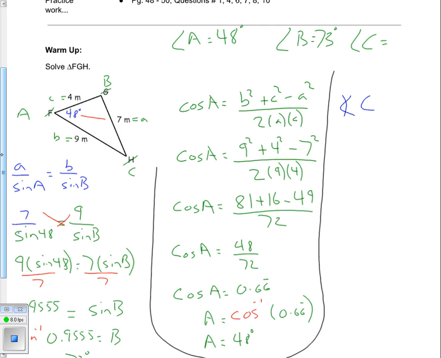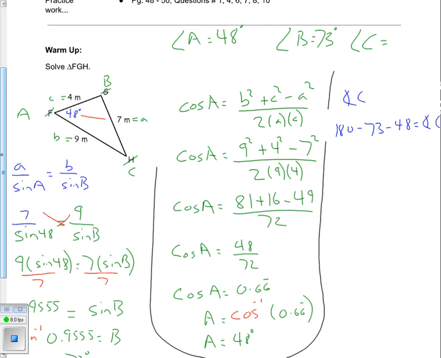Angle C is going to equal 180 minus 73 minus 48, because we know that all three angles of a triangle need to add together to be 180.